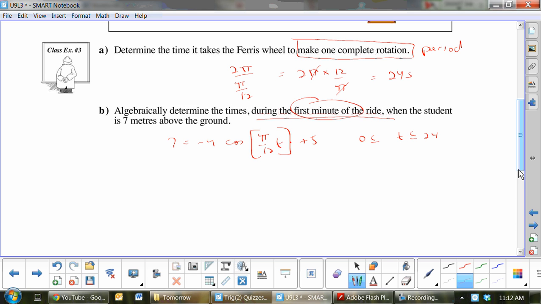Now, we've got to do some math here to find out cos. Now what would I do next mathematically here? Yeah, minus 5 to both sides. So you will get 2 equals negative 4 cos pi over 12 t. What should I do next? Divide by negative 4. Negative 1/2 equals cos pi over 12 t.